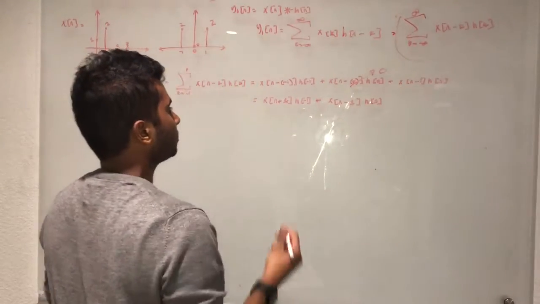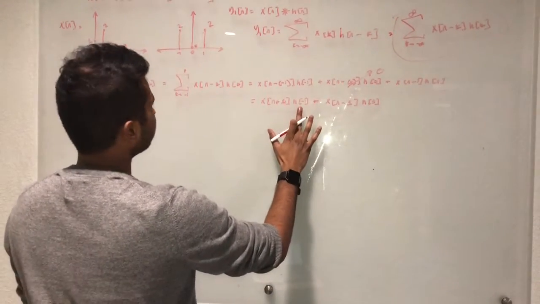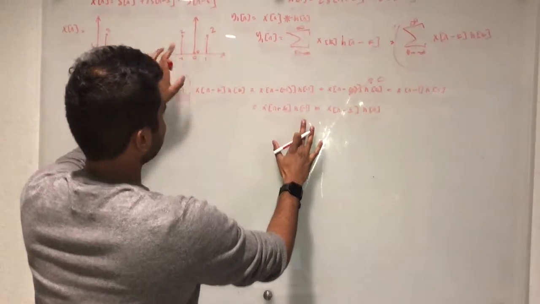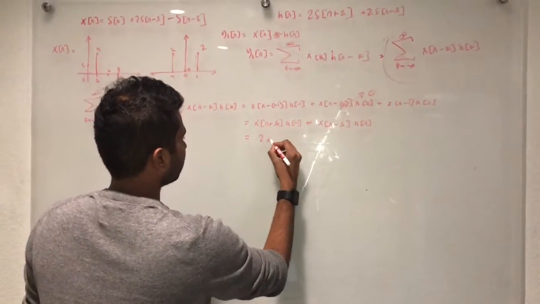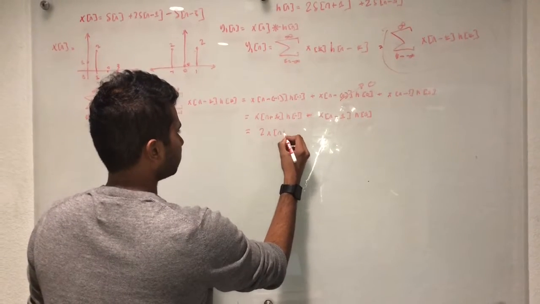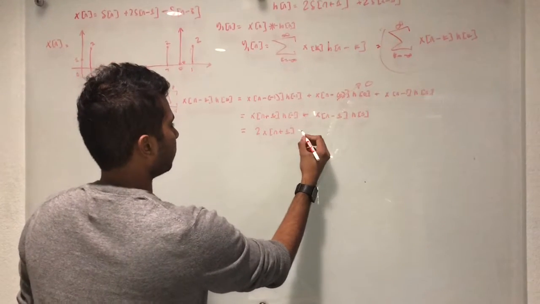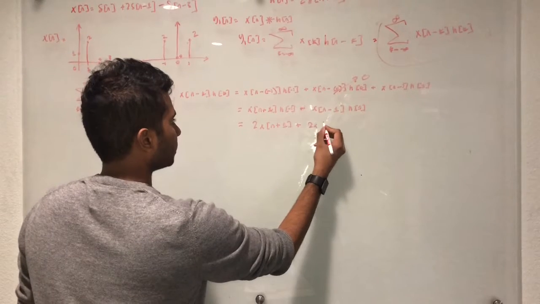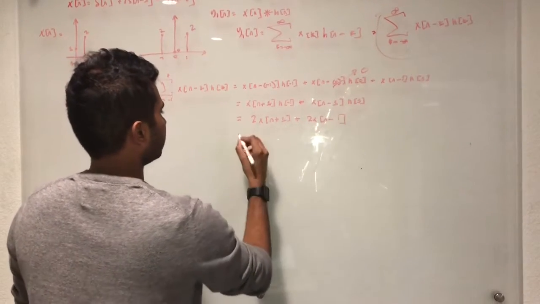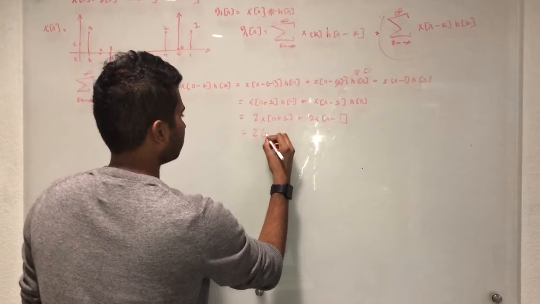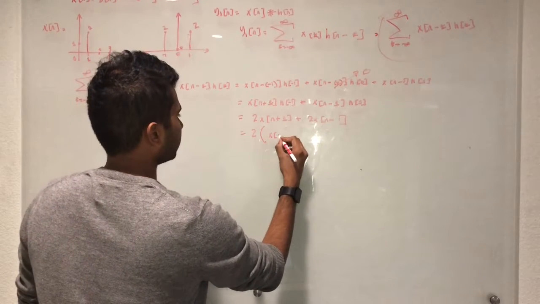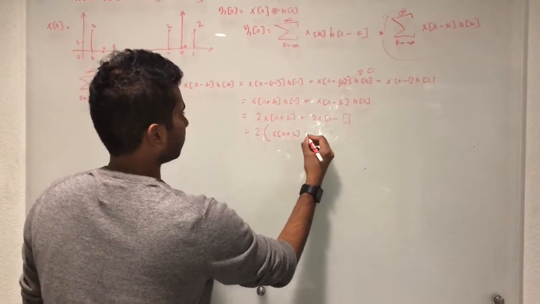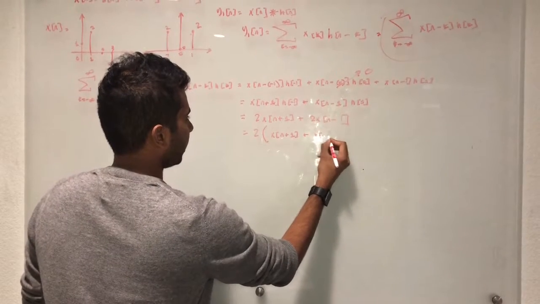Now h of -1 is equal to 2, and h of 1 is equal to 2. So it's going to be x of n plus 1 plus 2x of n minus 1. Let's group this together.